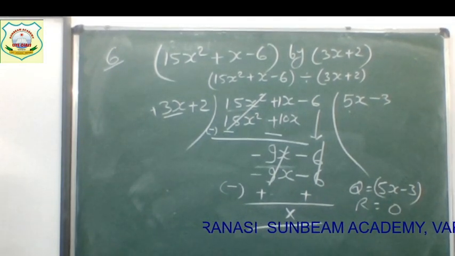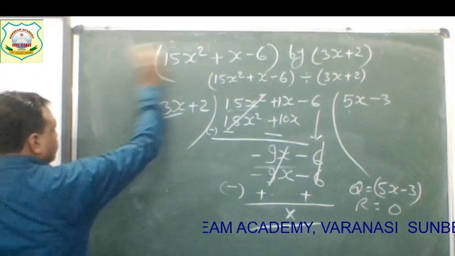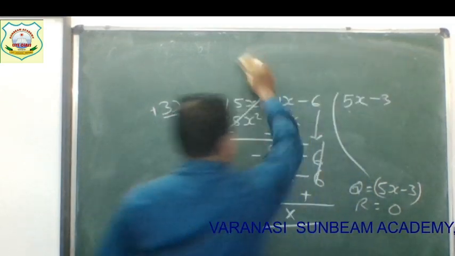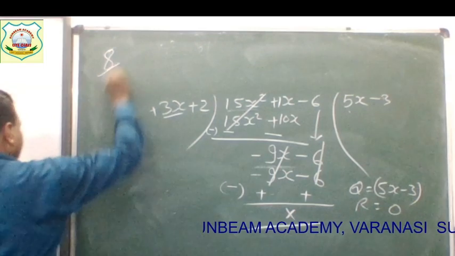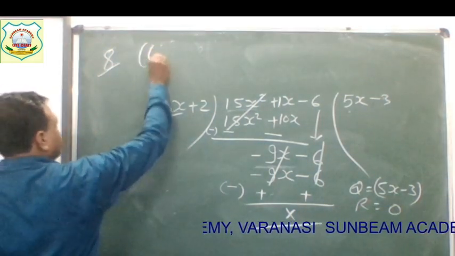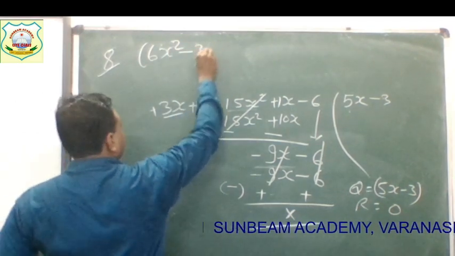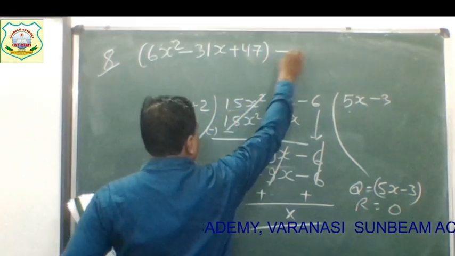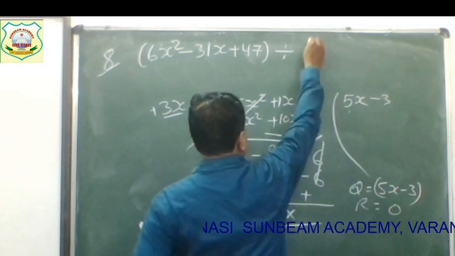Question number 8. 6x square minus 31x plus 47. Now divide, I am writing here divide, 2x minus 5.